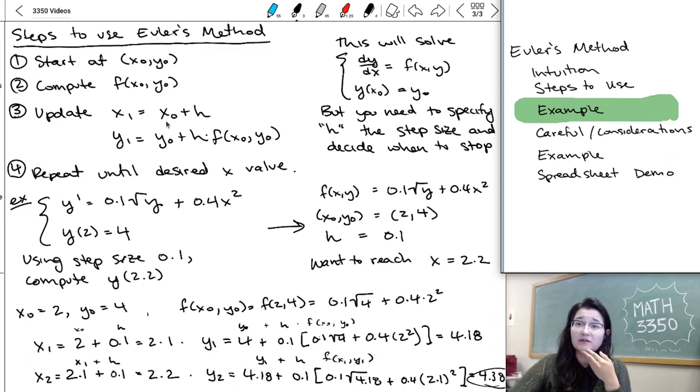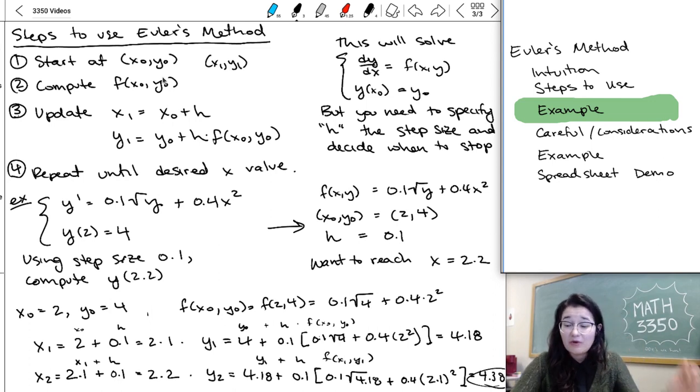So don't just go back and plug in x0, y0 a bunch of times. When I say repeat, I really mean when we go back to 1, now we're starting at x1, y1. And we do everything that way. And then if I had to keep going, I would start at x2, y2, and keep going that way. Just be careful you don't miss that nuance of this method, and then you should be good.